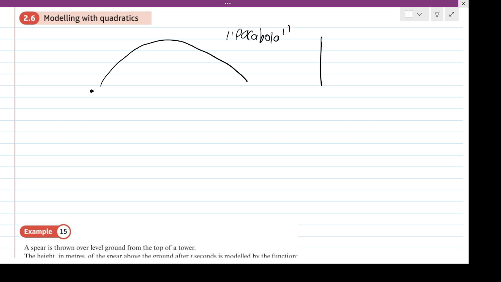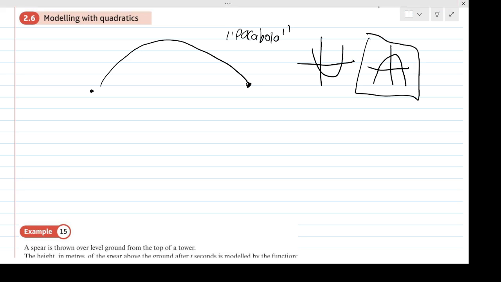So our quadratics either look like this or this: a smiley shape for a positive quadratic, or a frowny shape if it's negative. And in this case, the ball goes up and moves, and then it reaches the ground back here, forming this sort of frowny shape.